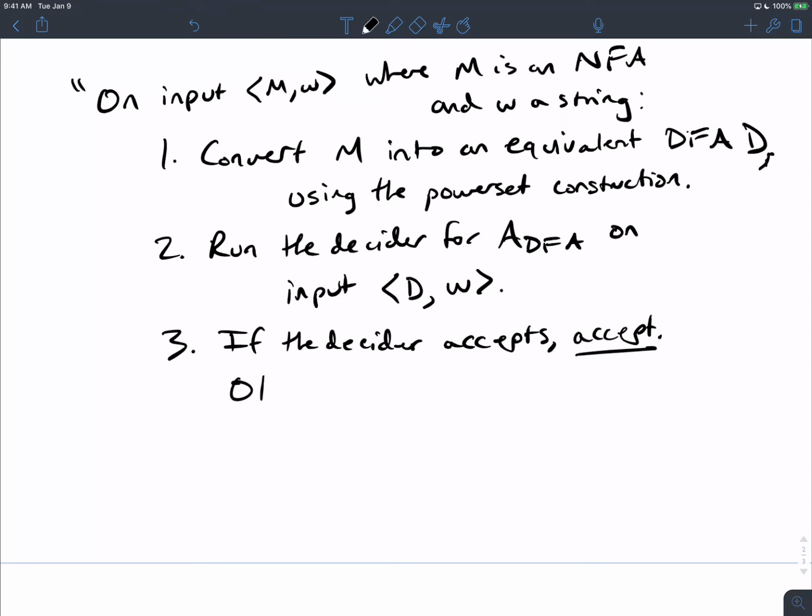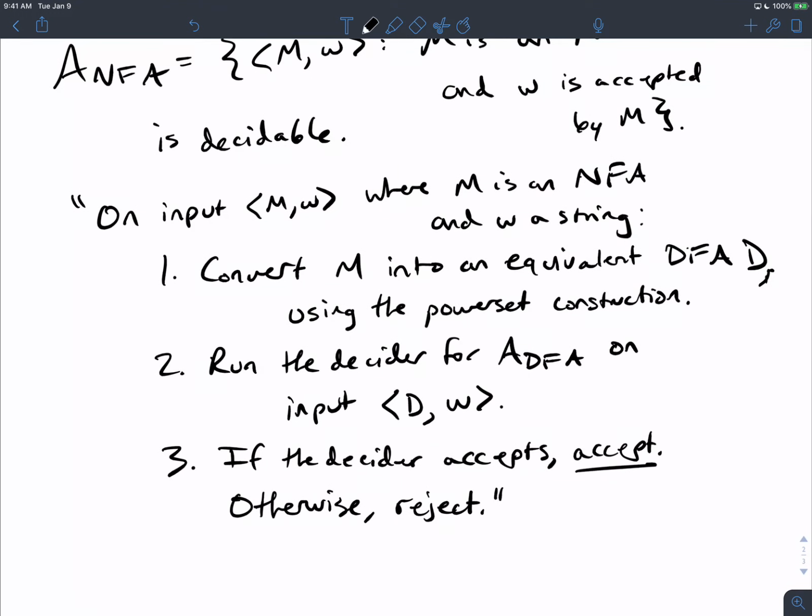Otherwise, the decider said no, we don't accept the input, therefore we're going to outright reject. So this very clearly does solve the NFA problem, right?